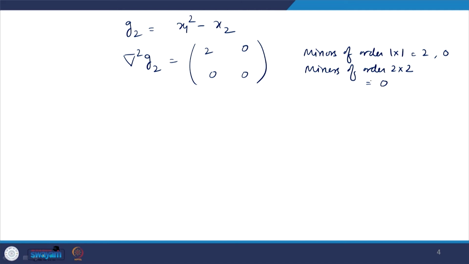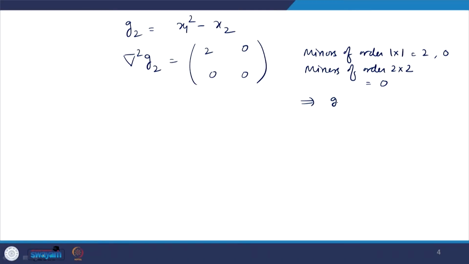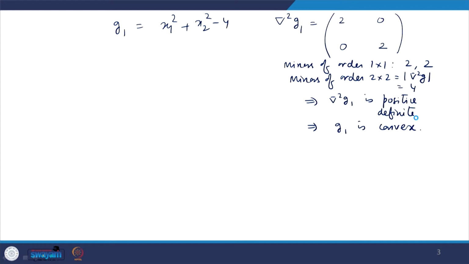So, all the minors are greater than or equal to 0, which implies this Hessian matrix is positive semi definite, and hence we can say that G2 is convex. So, this implies G2 is a convex function on R2. Okay. Now, what is the third constraint?